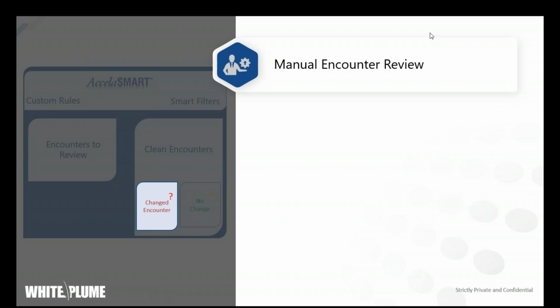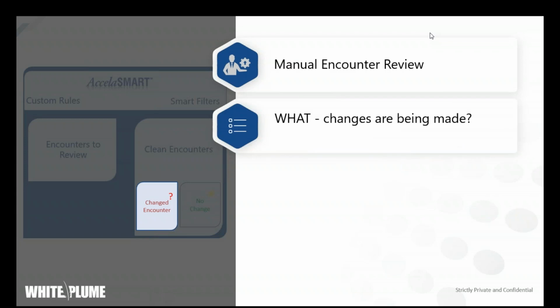And again, the analytics aren't going to tell us all the answers, but it does help us ask better questions. And the first thing I want to ask is, what changes are being made? Right? What are we changing? What are we changing most frequently? Maybe I want to look at the top 3 changes that are being made in that manual encounter review bucket. Maybe I want to know who's making those changes, right?